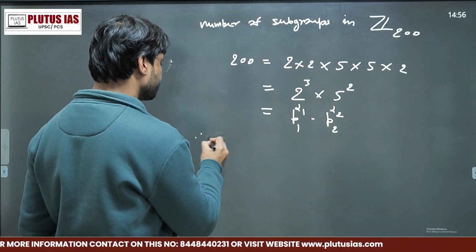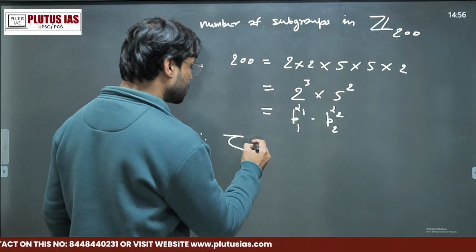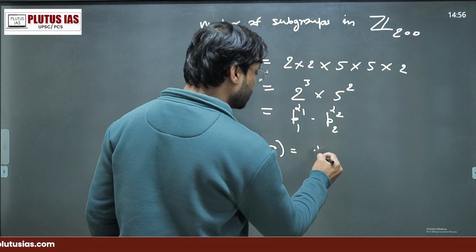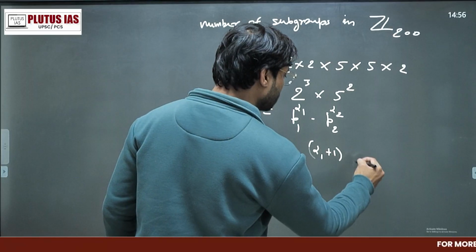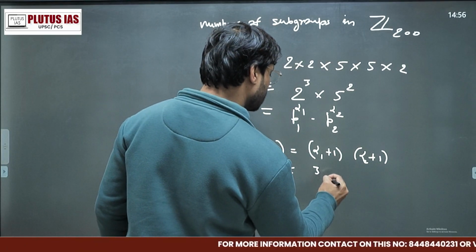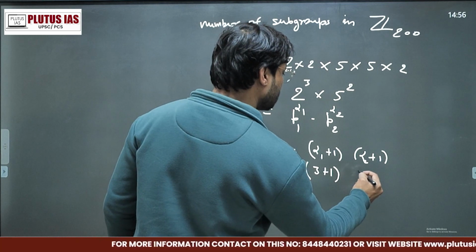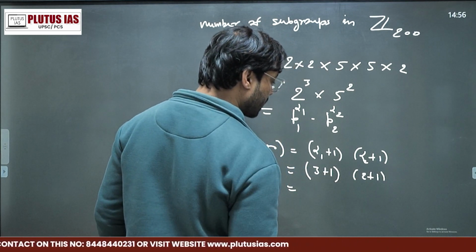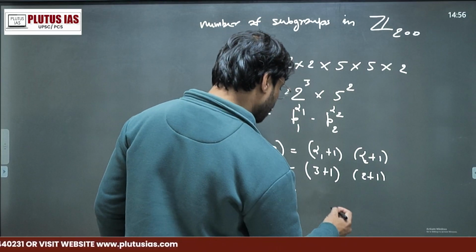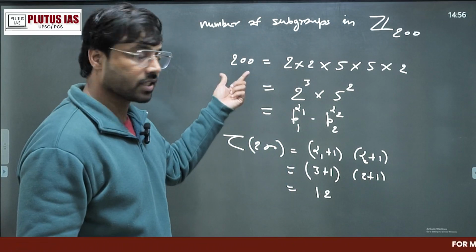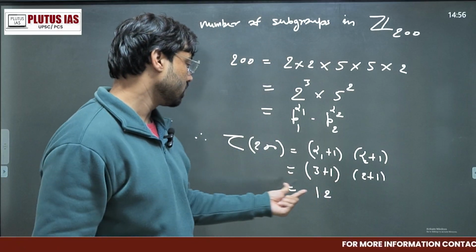Therefore, the number of positive divisors of 200 is (alpha 1 plus 1)(alpha 2 plus 1) equals (3 plus 1)(2 plus 1), which is 4 times 3, that is 12.